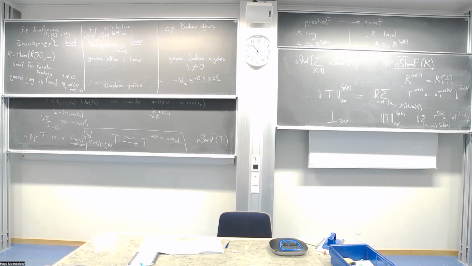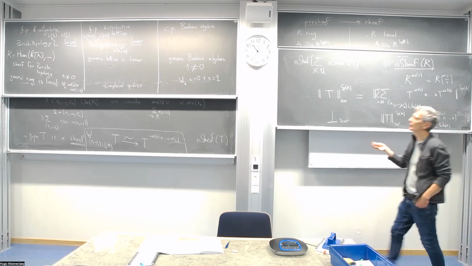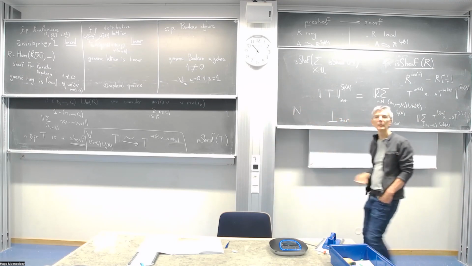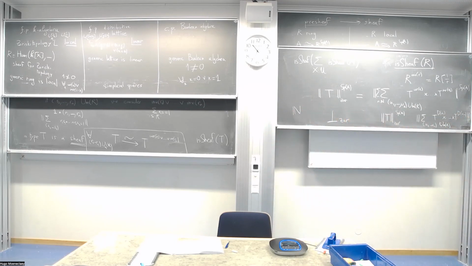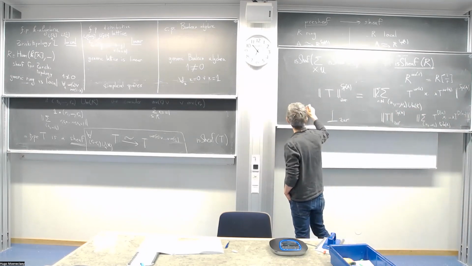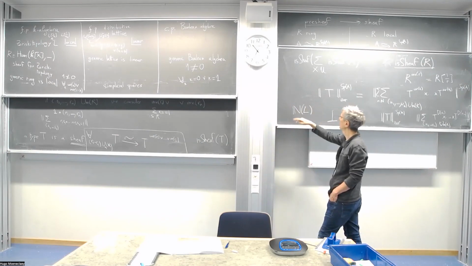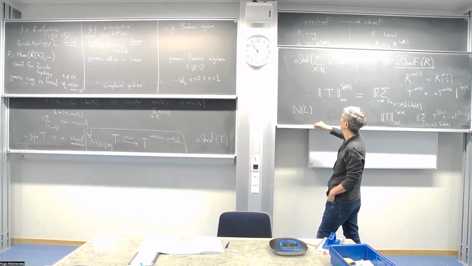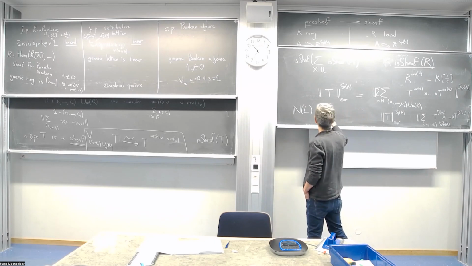The sheafification of the naturals is not so easy to describe. Intuitively, it's N of L, if L is a finite distributive lattice.